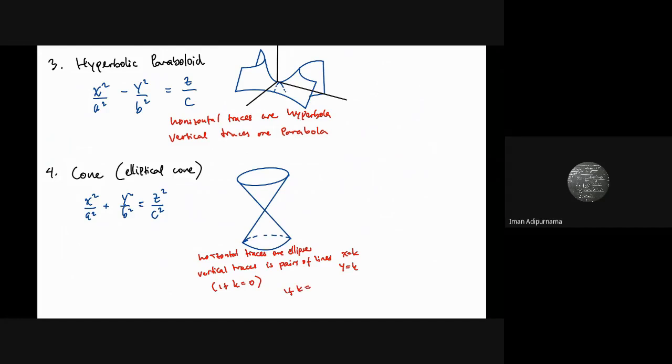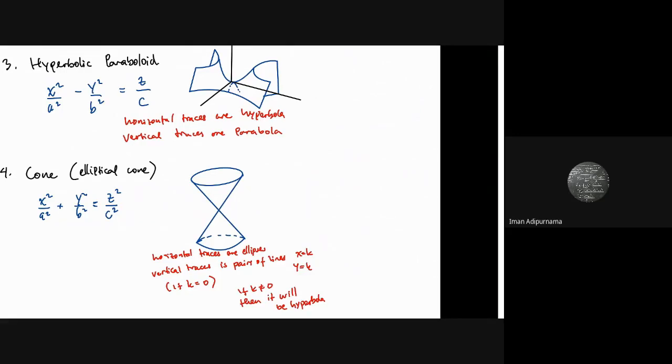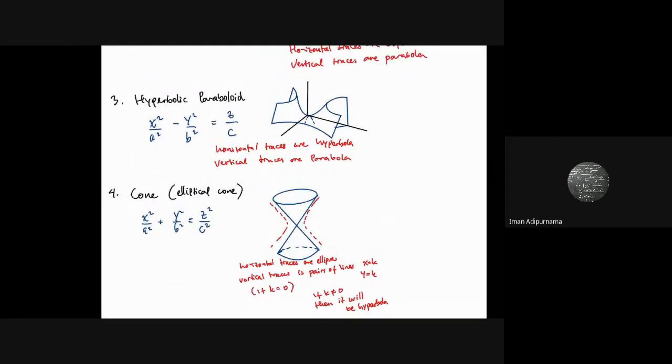If k is not 0, then it will be hyperbola, which means it will be like this.